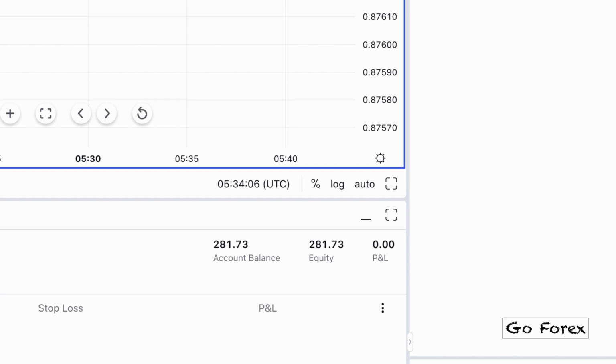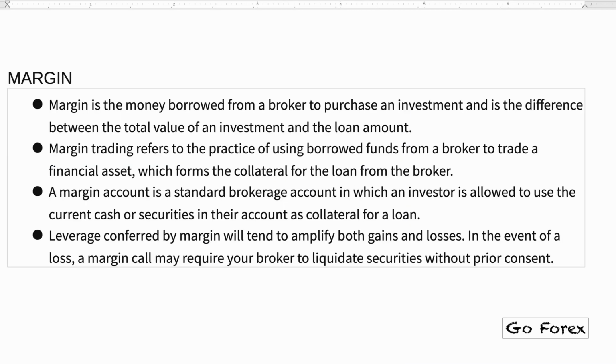However, the moment that you go live, you start trading on margin. So what is margin? Margin is the money borrowed from a broker to purchase an investment and is the difference between the total value of an investment and the loan amount. Margin trading refers to the practice of using borrowed funds from a broker to trade a financial asset, which forms the collateral for the loan from the broker.